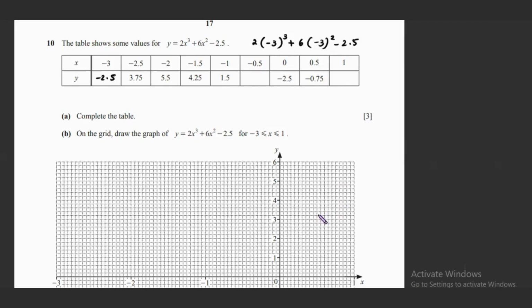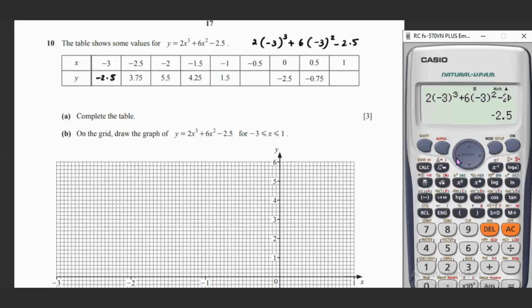I need to find these 2 values as well. The other 2 values are where the value of x is now minus 0.5. So I'm going to change this minus 3 into minus 0.5, and the other minus 3 also should be changed into minus 0.5. So I get minus 5/4, which is minus 1.25.